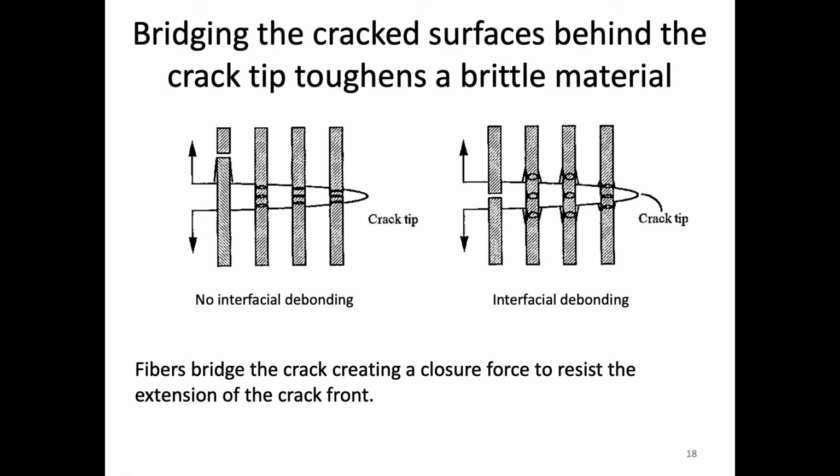And so we can model them as little springs. So imagine that these are springs. And so what happens is that as we pull them, they extend, right? So we're basically applying a tensile test to these fibers.